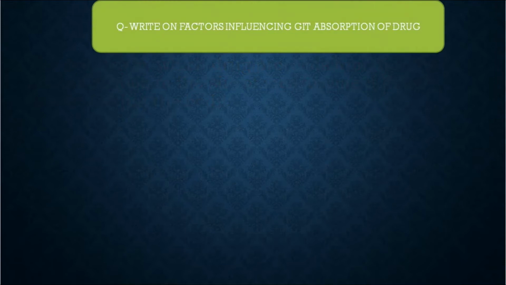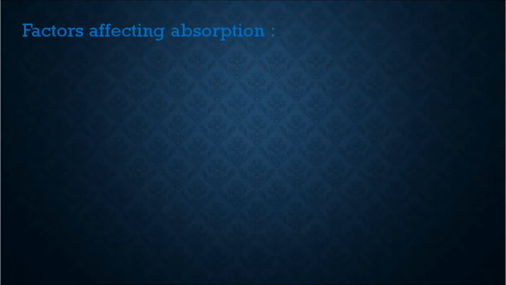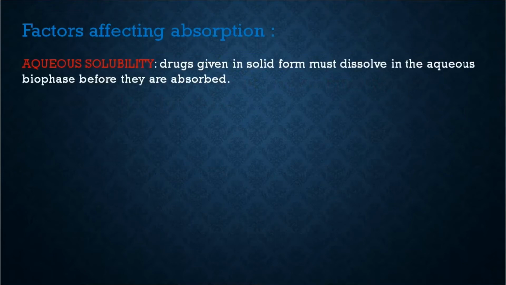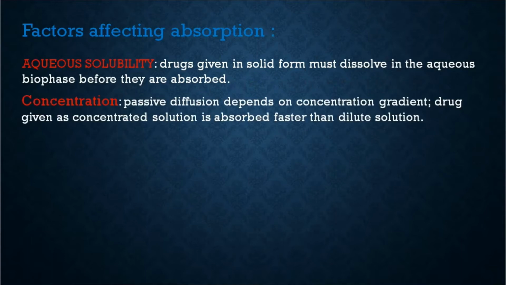A question comes as: write on factors influencing GIT absorption of drug. Aqueous solubility. For example, a tablet has to dissolve in liquid before absorption, but syrup is relatively easy to absorb. More drug concentration, faster is absorption.